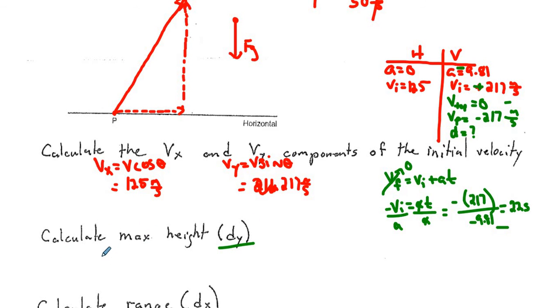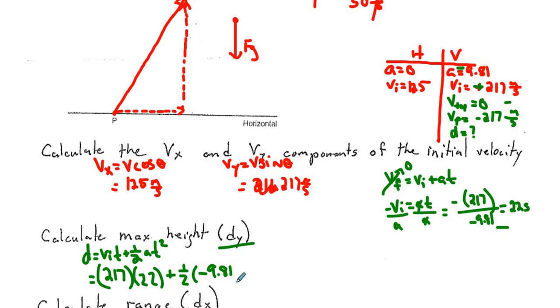So to figure out that max height now, I can do D is equal to VIT plus 1/2 AT squared. So my initial velocity being 217 times my 22, plus 1/2 times my negative 9.81 meters per second squared times 22 seconds squared.